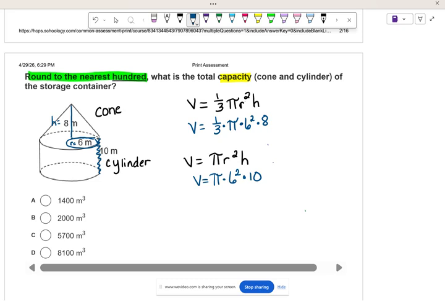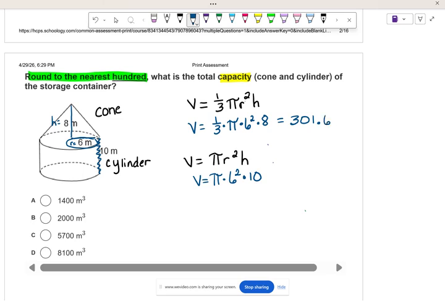All right, so let's go do these calculations. 1/3 times pi times 6 squared times 8 is 301.6.